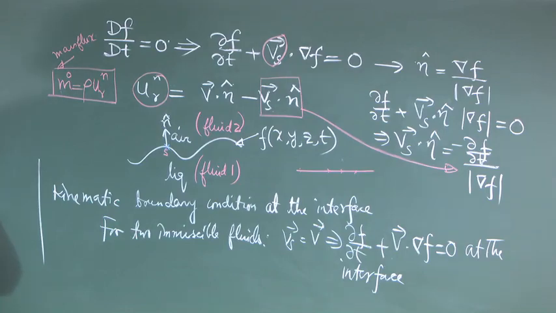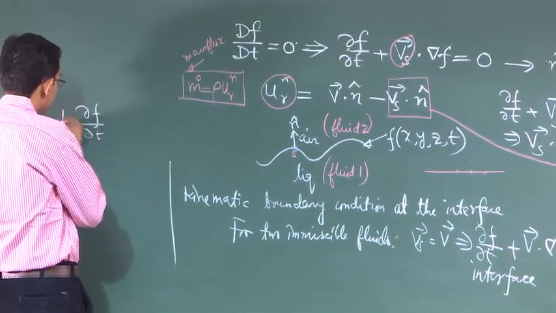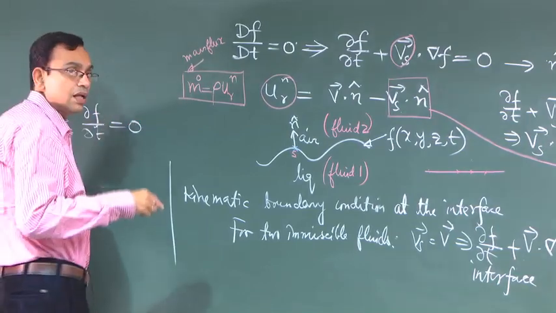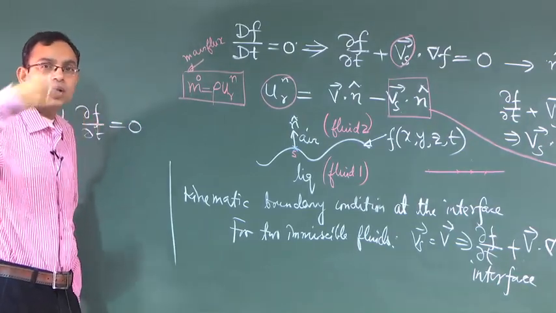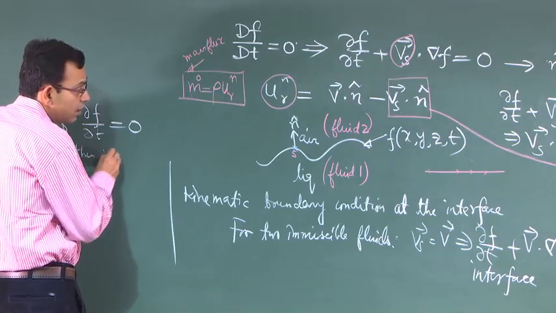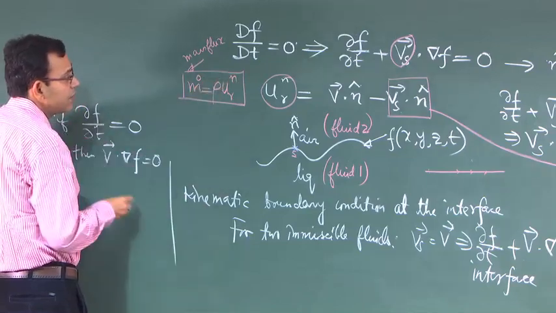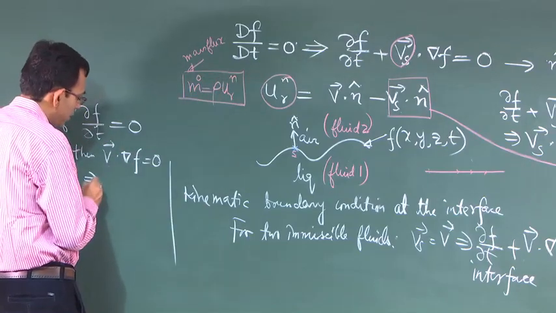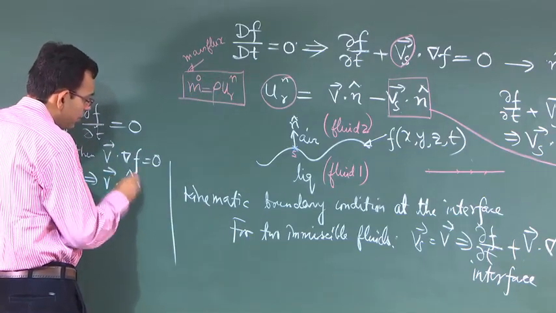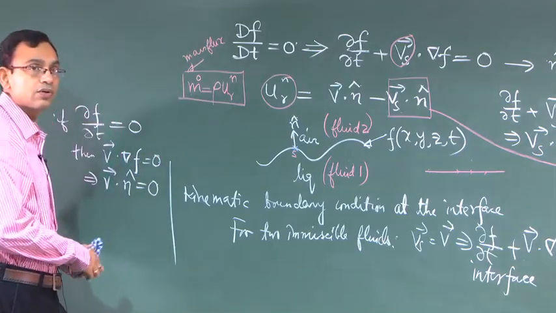If you have del F del T equal to 0, that means the boundary is not evolving with time, then V dot grad F equal to 0, and grad F is related to the normal component of velocity. So, this is actually V dot n equal to 0, where n is the unit normal vector.